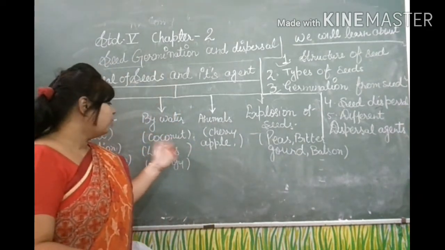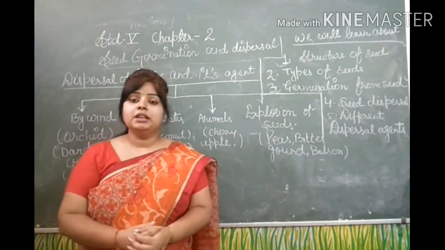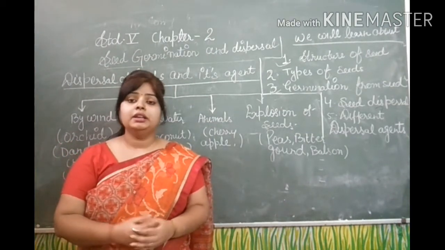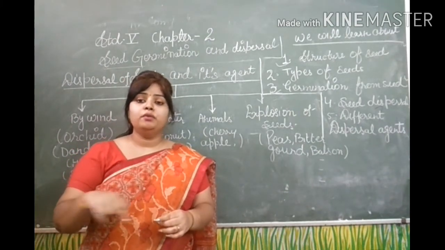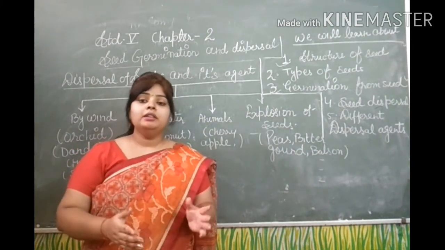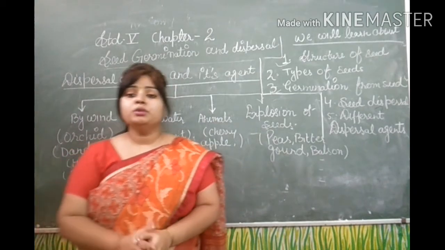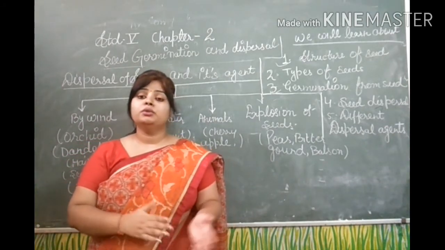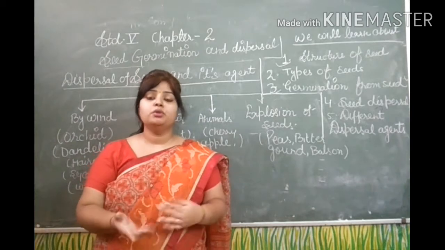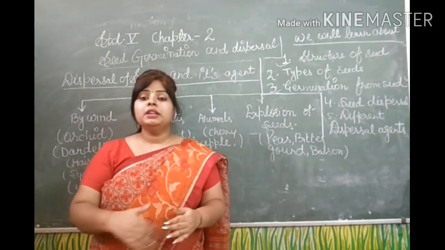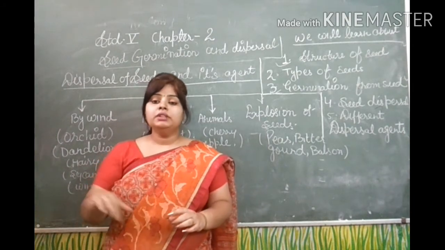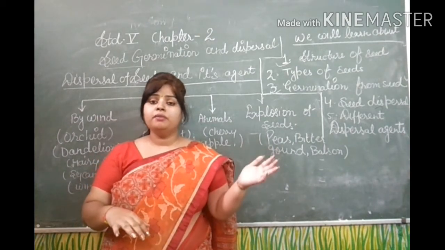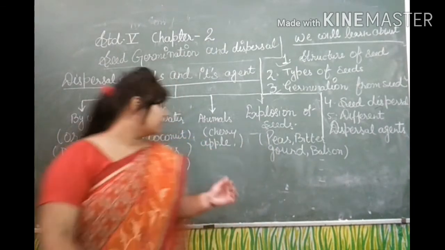A very important example is the coconut. Coconut has a very thick layer that enables it to float in water, and it happens with most plants in coastal areas; coconuts are grown near the sea. The coconut falls off and floats, and far off it grows very well.